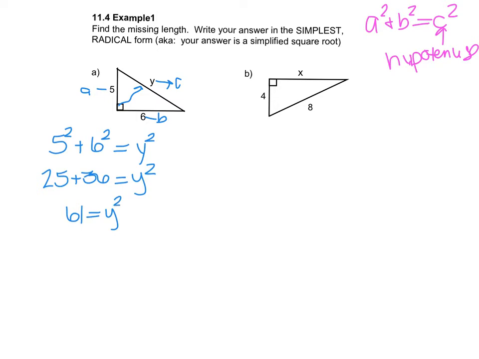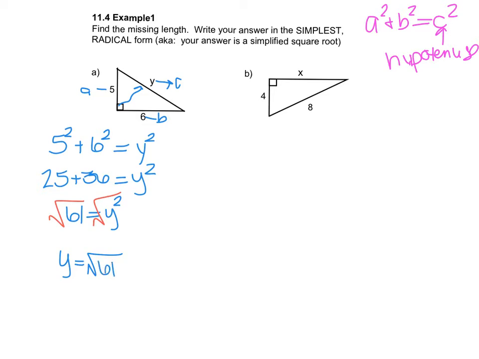And then I know that to undo the squared, I need to use the square root function. And here, because I'm talking about side lengths, I don't have to include the negative square root of 61. I just need to include the positive because a length, or a side length of a figure, will always be positive. So here, I know that my side length is the square root of 61.